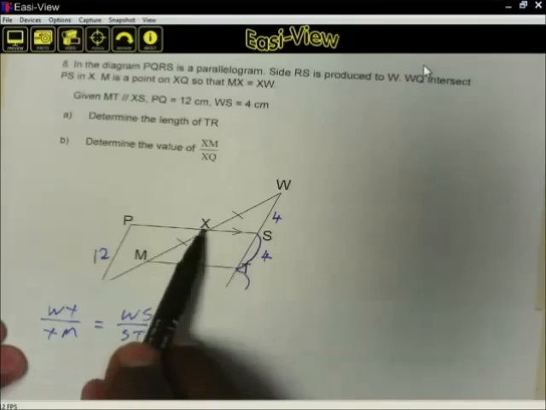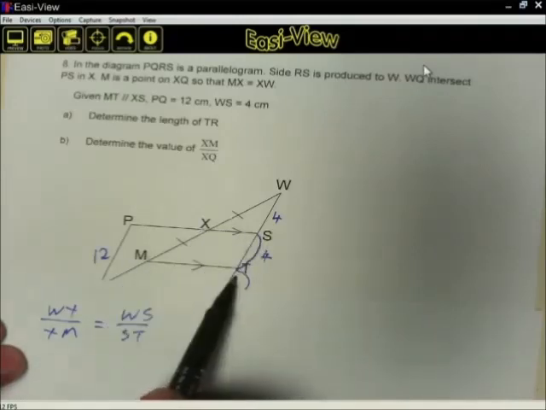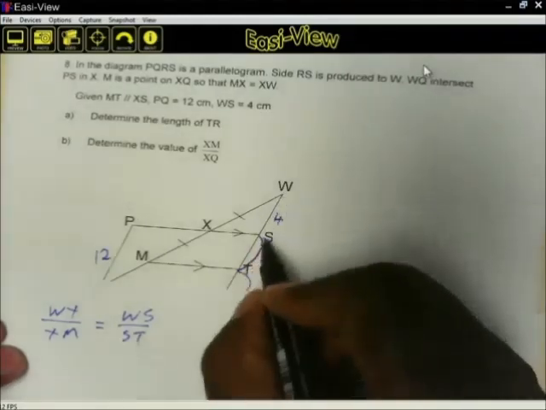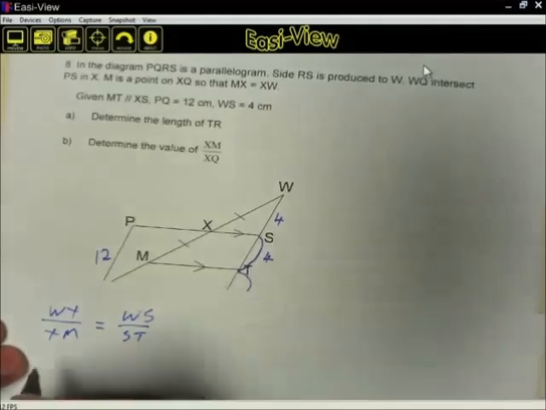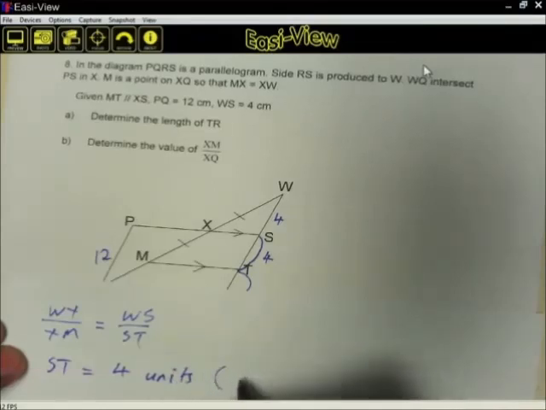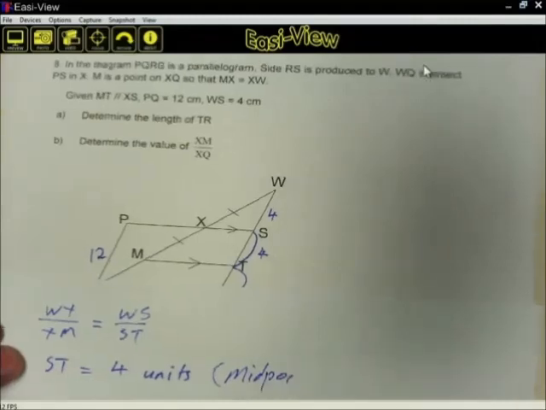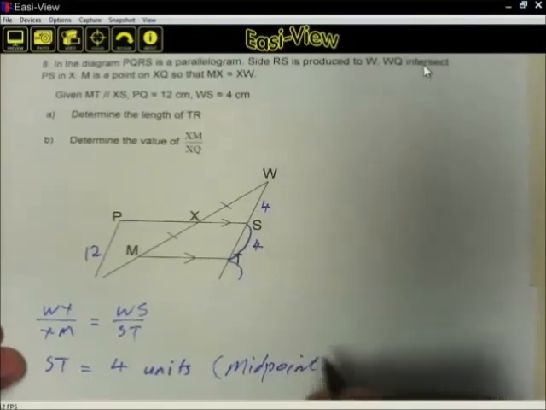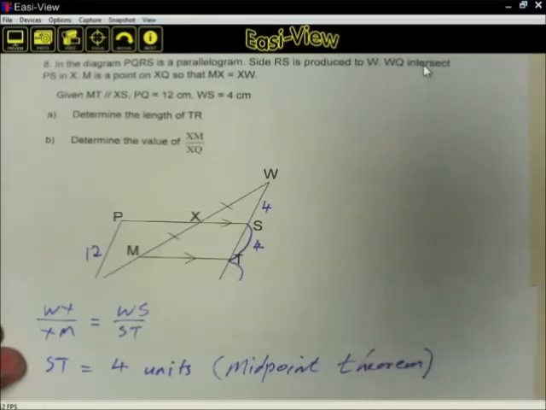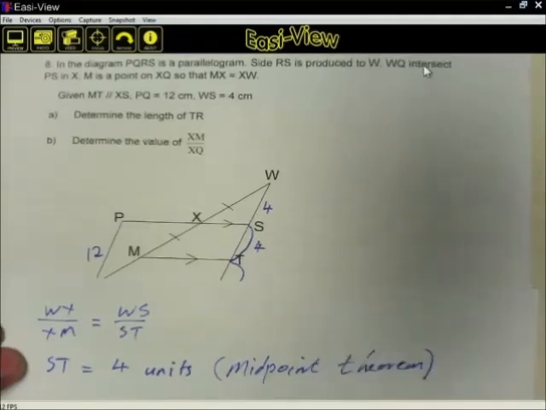But the fact that XS is parallel to MT leads you to conclude that WS is equal to ST. Therefore, if WS is given as 4, ST will also be equal to 4 units. This is from the midpoint theorem from grade 10.